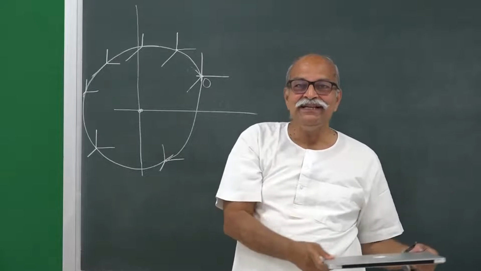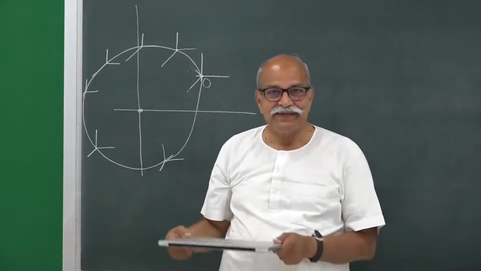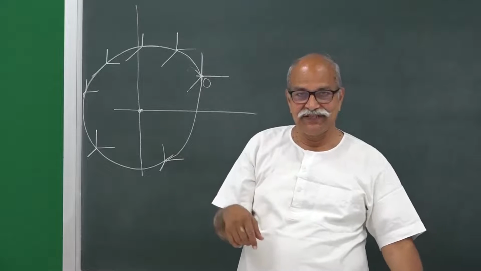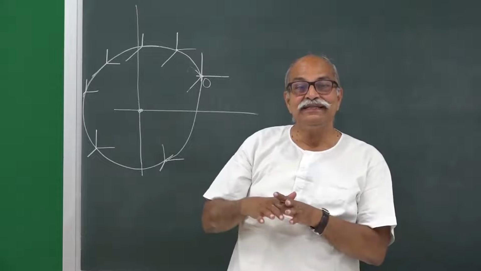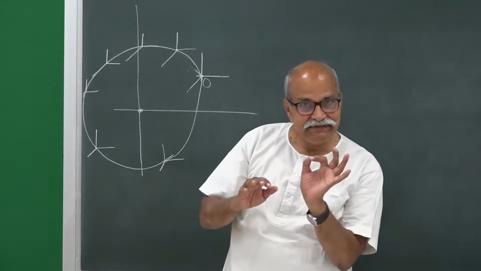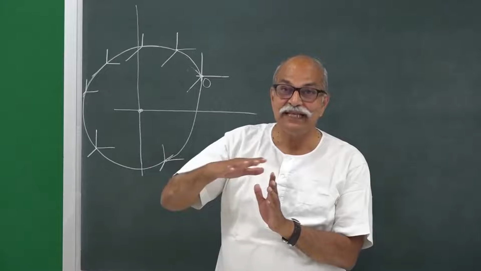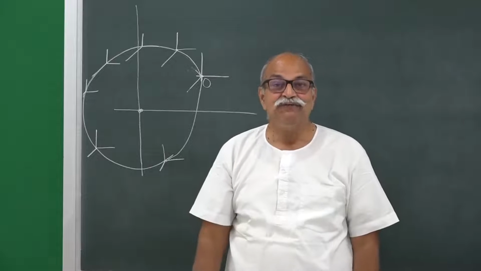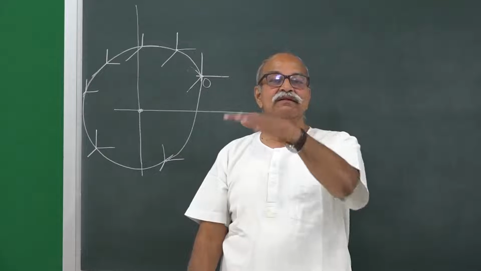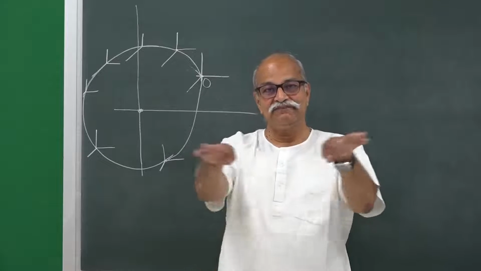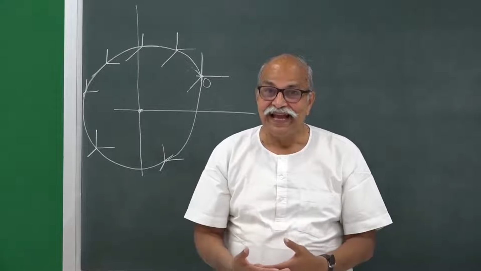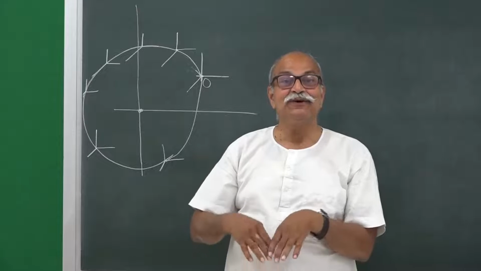So, in any given small time interval, all the points of this are going in the same direction with the same speed, or they are displaced by the same amount in the same direction. So, velocities of all the points of this frame are the same, and therefore, acceleration is also the same.